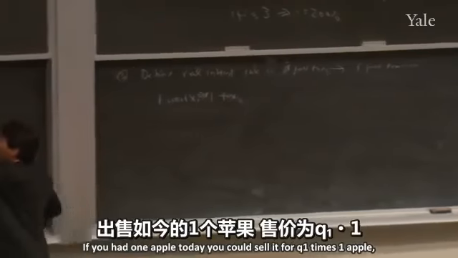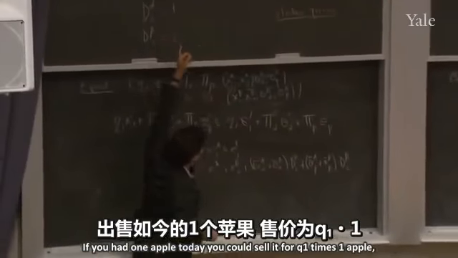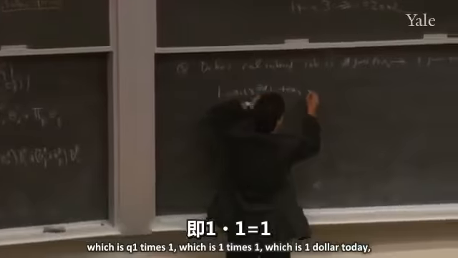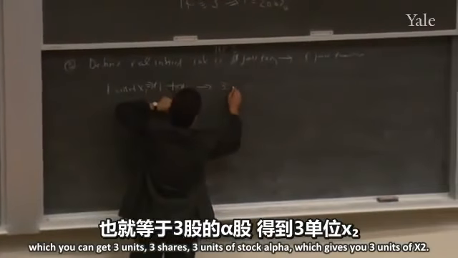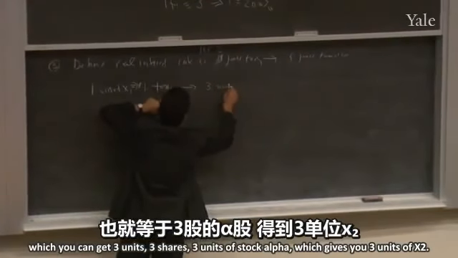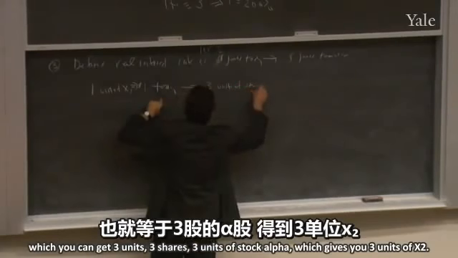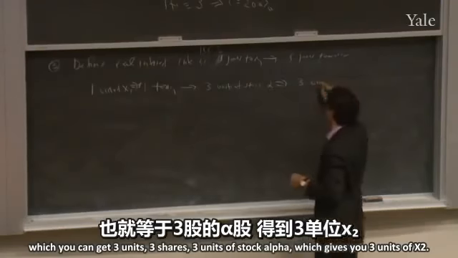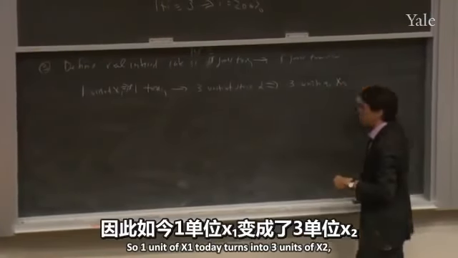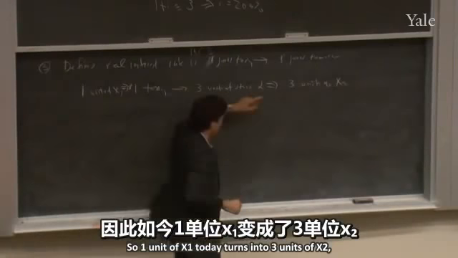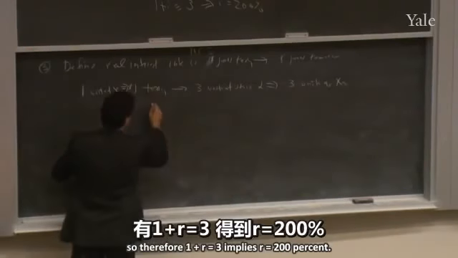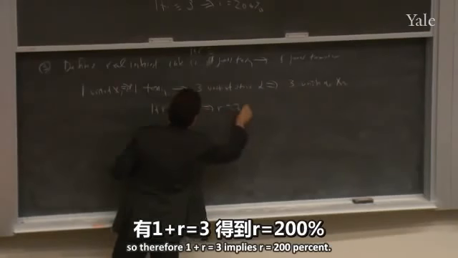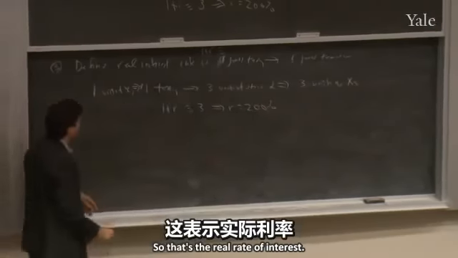Because if you had 1 apple today, you could sell it for Q1 times 1 apple, which is 1 times 1, which is $1 today, with which you can get 3 units of stock alpha, which gives you 3 units of X2. So 1 unit of X1 today turns into 3 units of X2, so 1 plus R equals 3, which implies R equals 200%. So that's the real rate of interest.